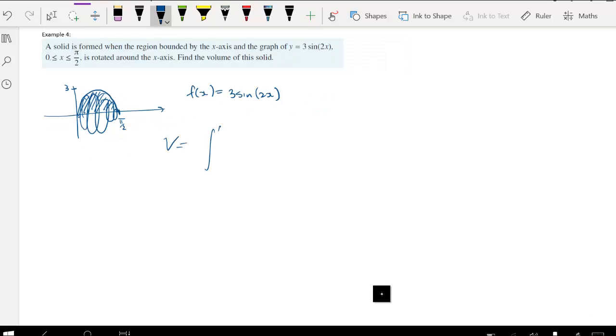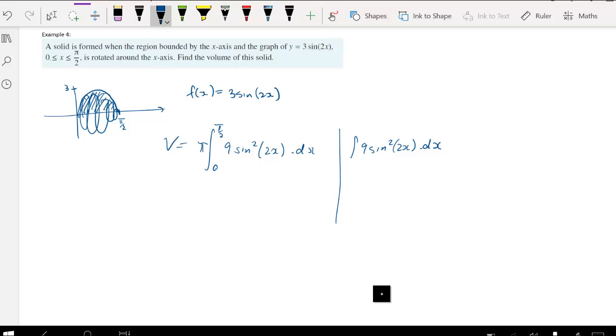The volume will be between pi on 2 and 0 multiplied by pi of f of x squared, which is 9 sine squared 2x with respect to x. So the difficulty is that this integral, the integral of 9 sine squared 2x with respect to x, we'll have to use trig identities.